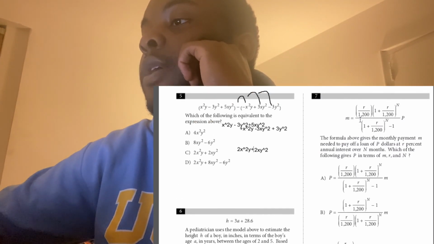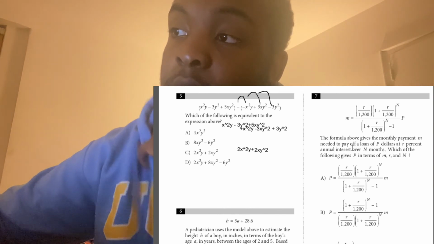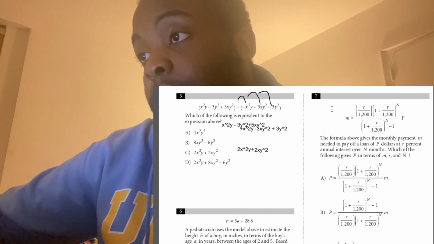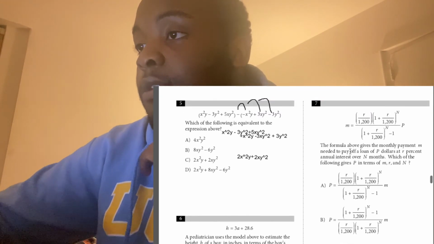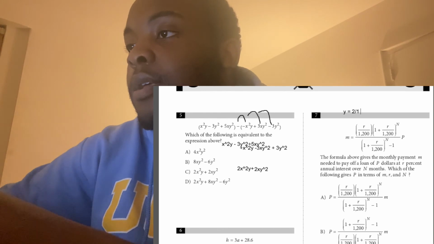Over here, this is a little bit confusing when it says which gives p in terms of m, r, and n. All you've got to do is this, this is how I say it, right? So if we have y equals 2 over 1, say it's a fraction, right?